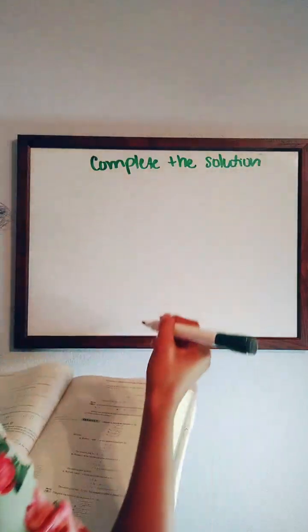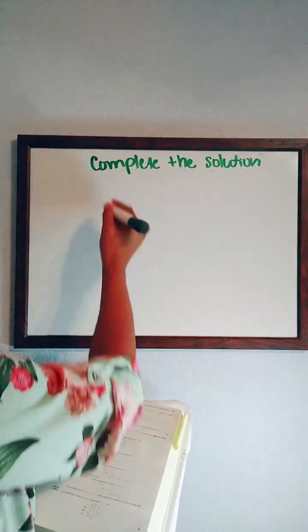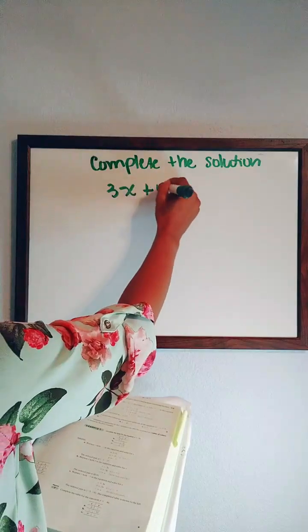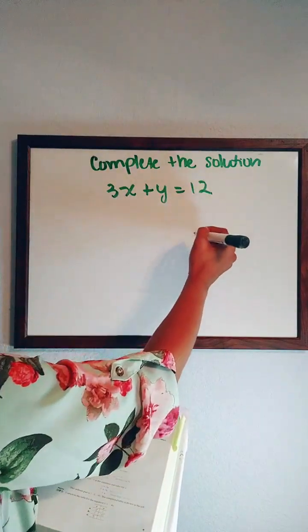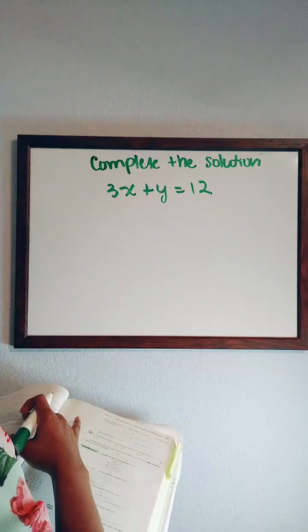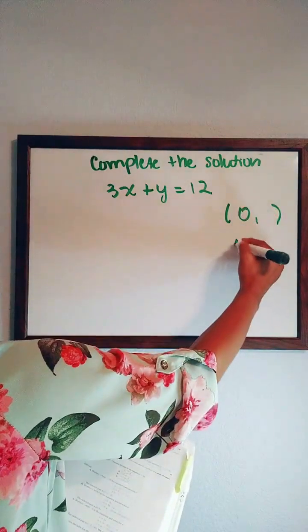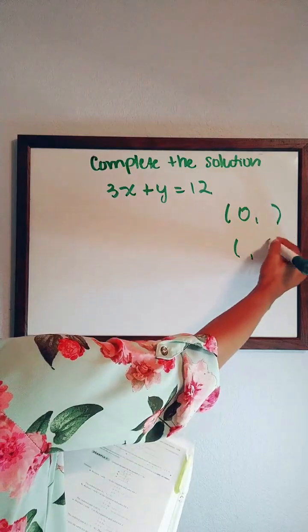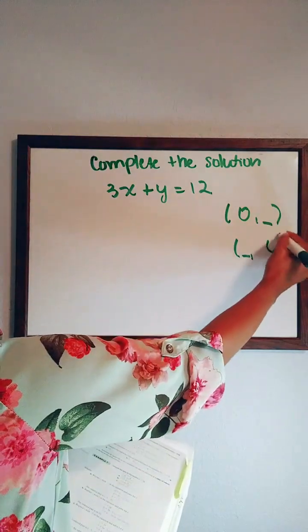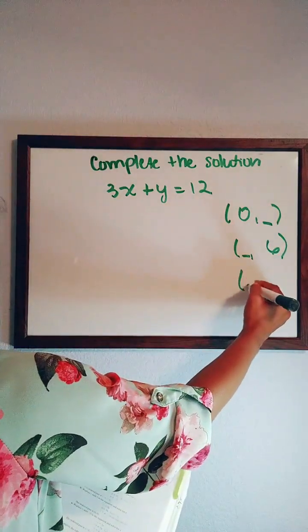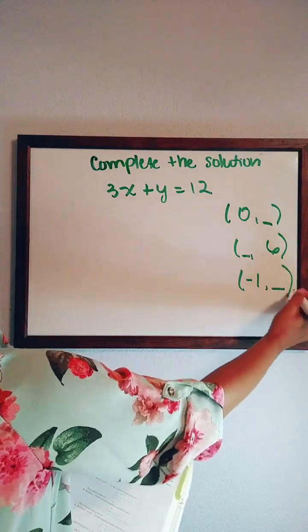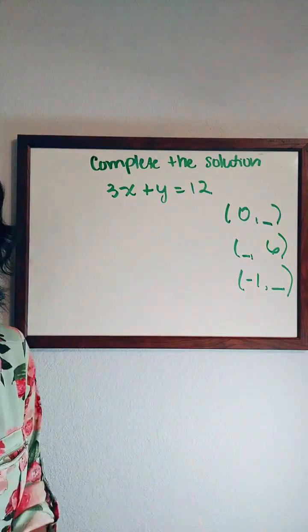I need you to complete the solution, and the equation is 3x plus y is equal to 12. And they gave us the numbers 0, 6, so I'm looking for this, I'm looking for this, and I'm also looking for -1. So I need to complete the solution set.